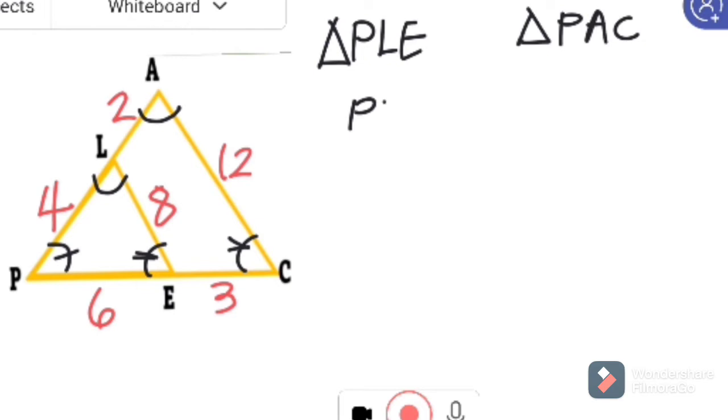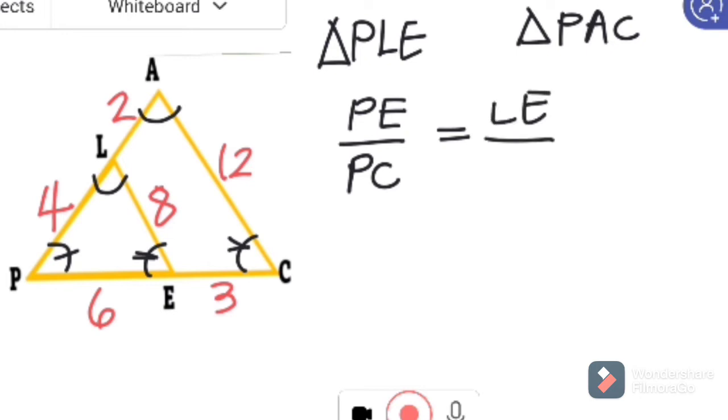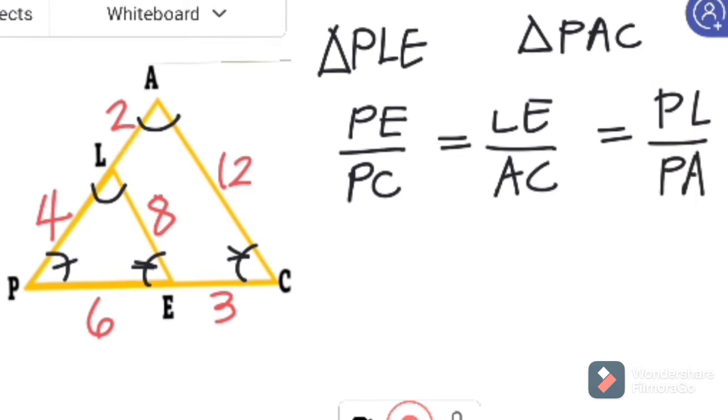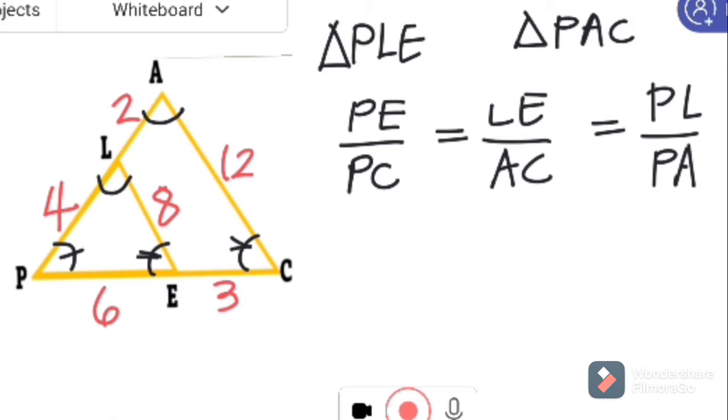We have PE from the small triangle to PC of the larger triangle. PE is to PC. We have LE is to AC. And then we have PL is to PA. You just need to be consistent in writing. You may write whichever side first as long as its corresponding side follows. See, this is PE. Its corresponding side is PC.